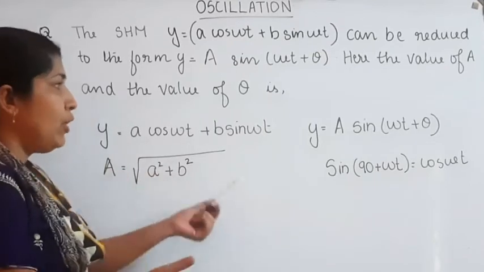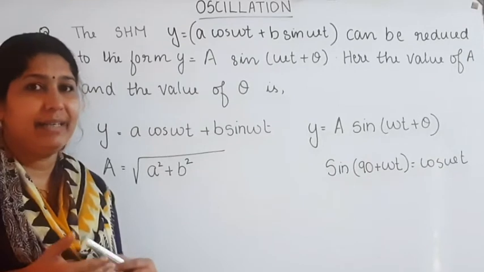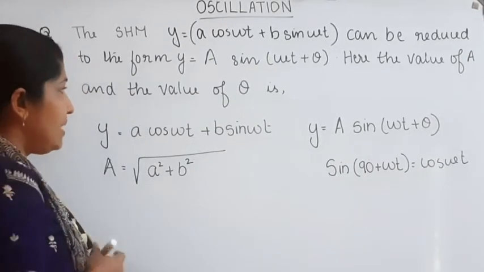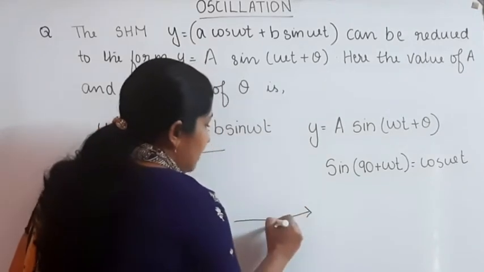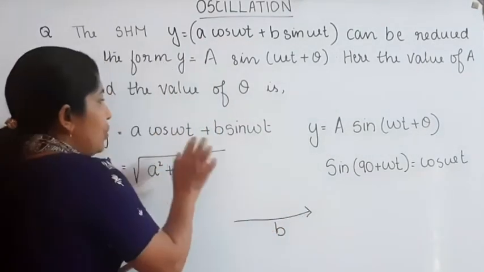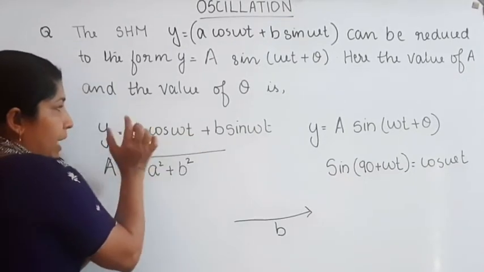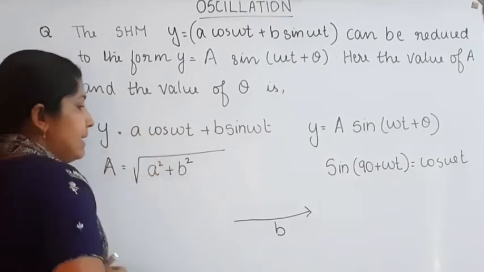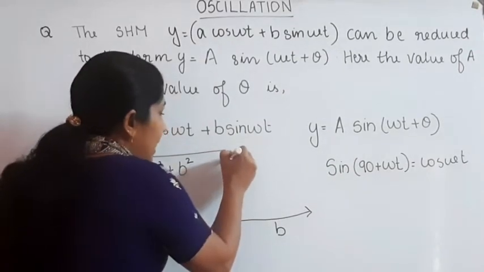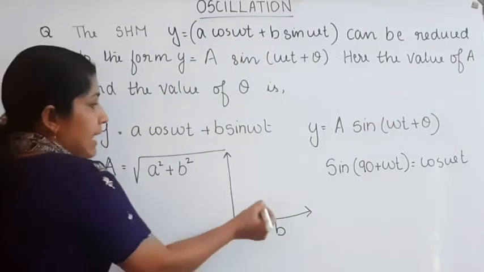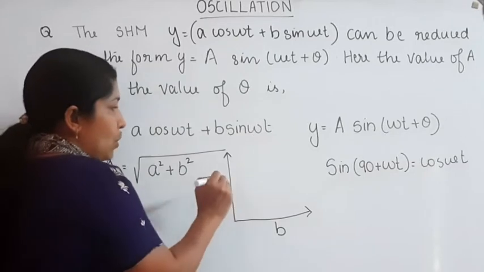For this we know that sin omega t and cos omega t are at an angle of 90 degrees. So the coefficient of sin omega t, that is b, is taken here, and the coefficient of cos omega t, which is a, is taken in this direction, because sin(90 plus omega t) is equal to cos omega t.